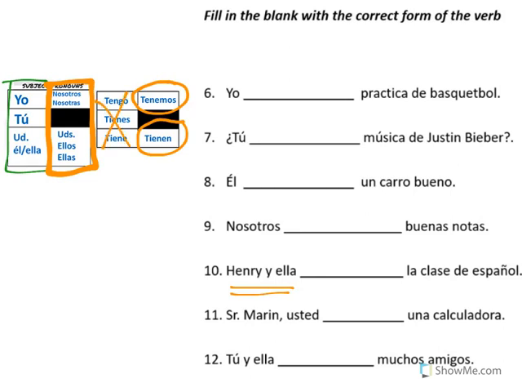Okay, so now that we know that, Henry y ella, Henry and her, well, we can just substitute that with ellos, they, which then gives us only one possibility, tienen. So the answer for number 10 is Henry y ella tienen la clase de español.